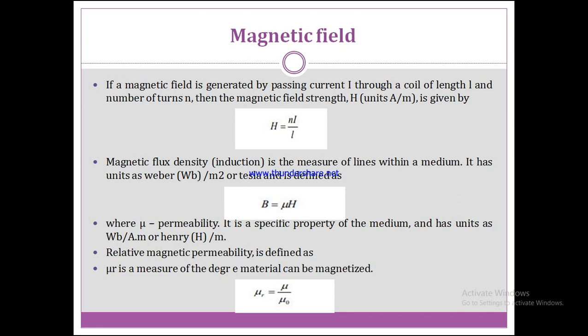If a magnetic field is generated by passing current I through a coil of length l and number of turns N, then the magnetic field strength is indicated by capital H, having units of ampere per meter, and it is given by H equals N I divided by small l.